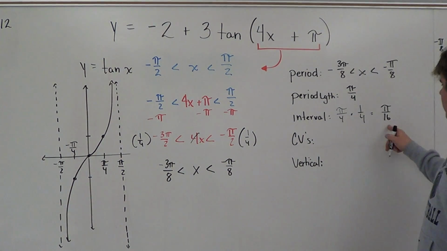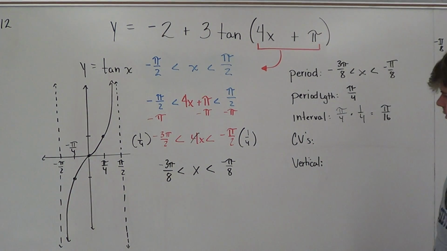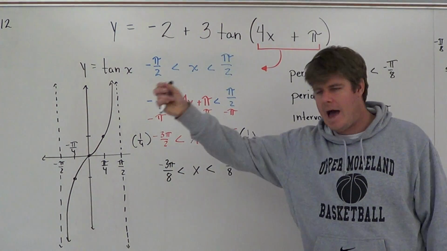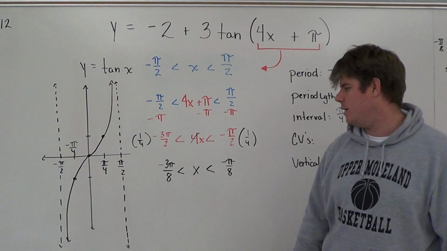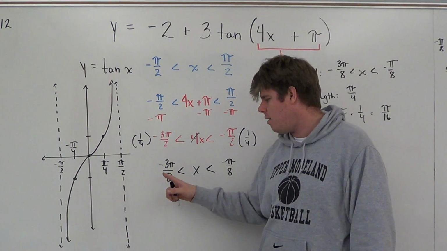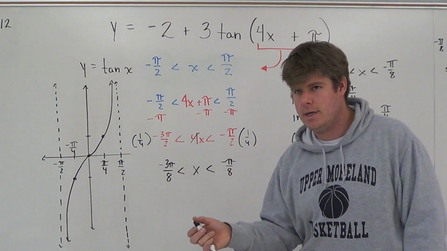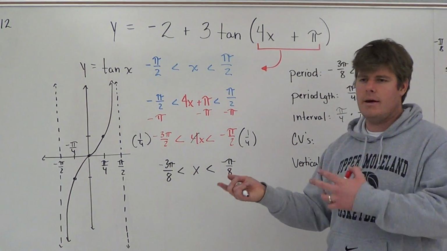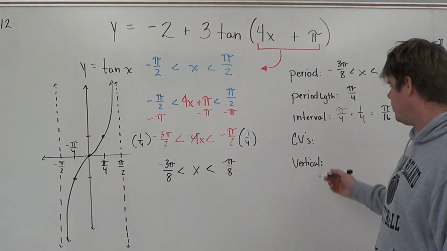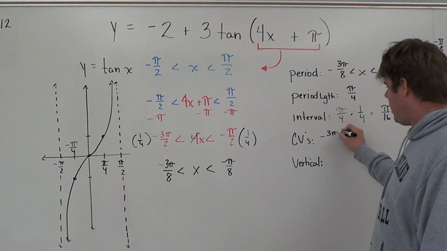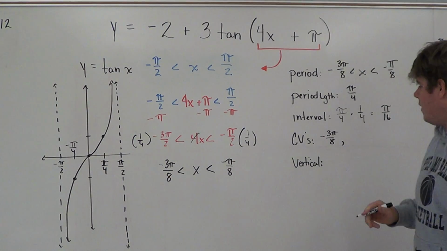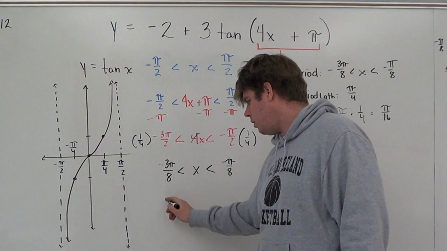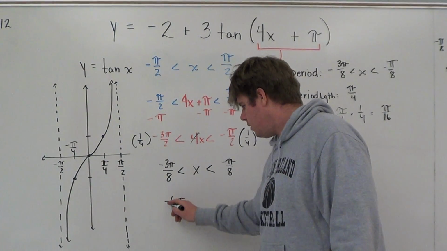From here, this length of pi over 16, I'm just going to add it each time. Each time I get a new number, I'm going to keep adding until I get to negative pi over 8. So essentially I go negative 3 pi over 8 plus pi over 16, get a number, mark it, add another one, keep going. Negative 3 pi over 8, just so you're aware, is negative 6 pi over 16.